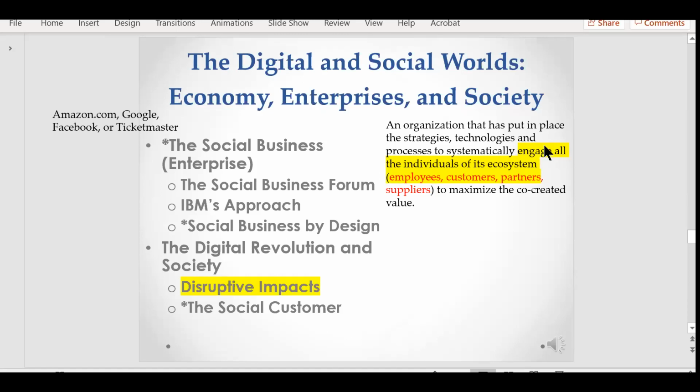Right, so a lot of digitalization is happening, a lot of digital economy. There's a lot of enterprise coming up also. You can see that in Amazon, Google, Facebook, Ticketmaster, where you can buy cheap tickets online, etc. So organizations are also coming in strong, okay, so that they can engage not just the customer, but their employees, their partners, and the suppliers. So you can see that this digital world is very important.